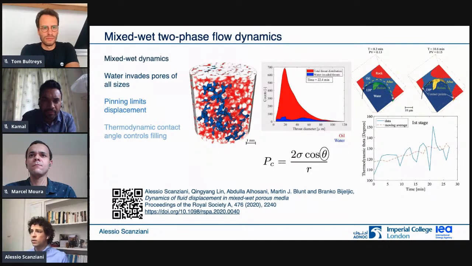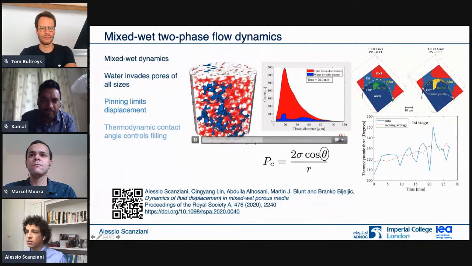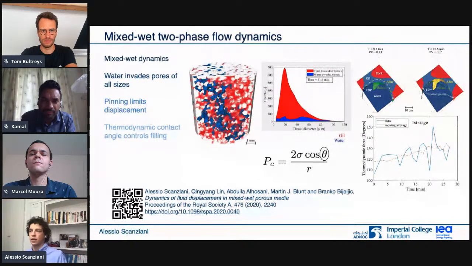In particular, we see that water advances as a connected phase through the center of the pores, as opposed to going into the small pores as we saw in water wet.